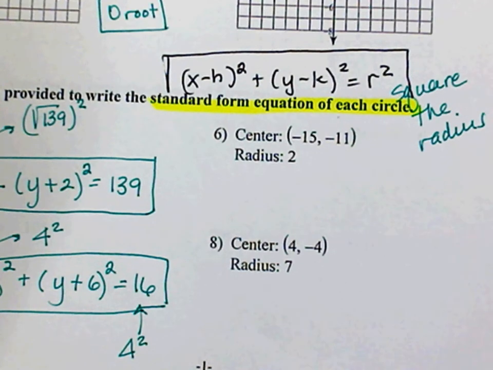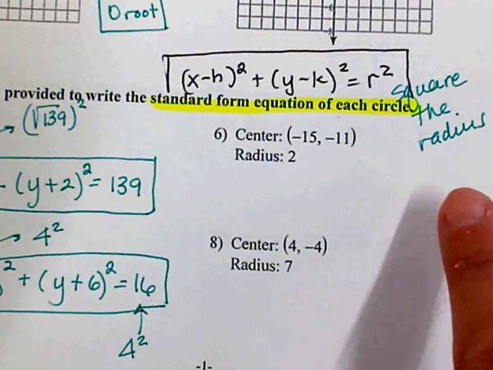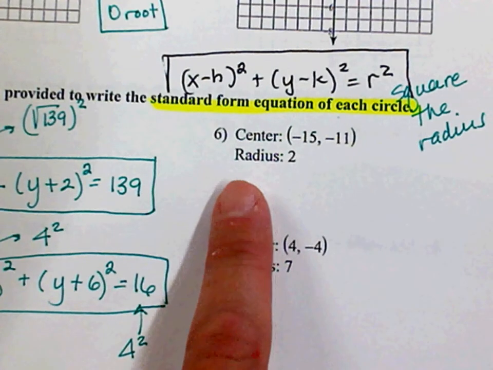That r right there. They don't know when to take a square root, and they don't know when to take a square. Those are not the same thing. One is the inverse of the other. So if it asks you for the equation of the circle, make sure you square the radius, because it gives you the radius. Got it? All right, let's go to the next page, and I'll show you the next part.